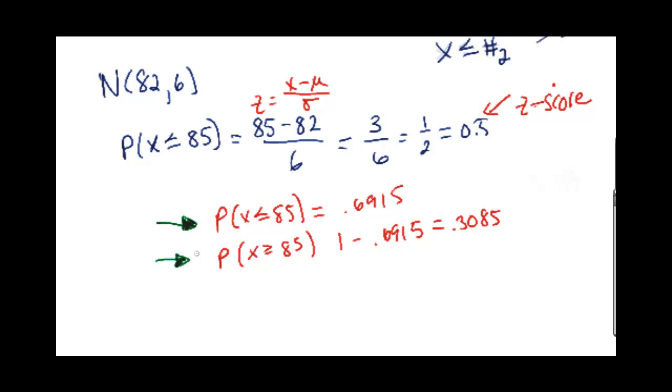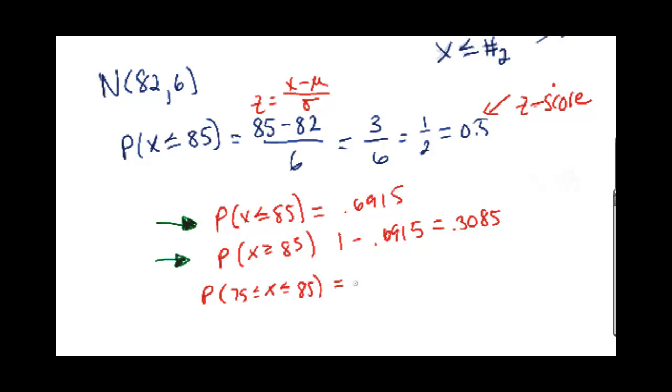Okay, so let's say we also get another grade of a 75. And 75 is not exactly 1 or 2 standard deviations away from the mean. So let's see if we can find the proportion of the distribution between 75 and 85.